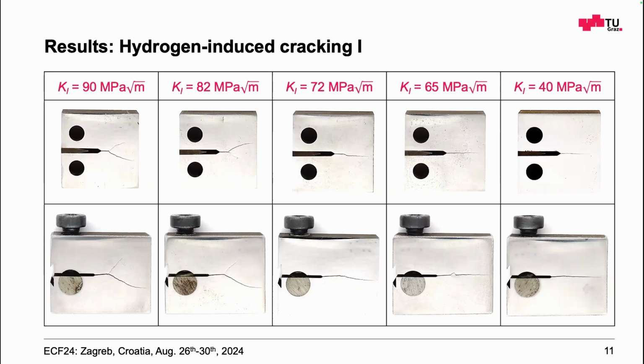Therefore, it seems that this branching happens because the hydrogen goes to the zone of plastic deformation. There, it accumulates and decreases the crack growth resistivity. Therefore, this difference in the crack shape.